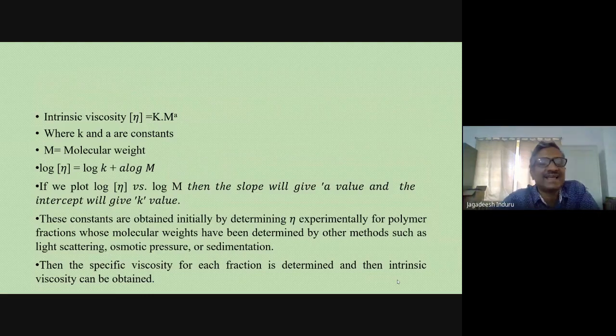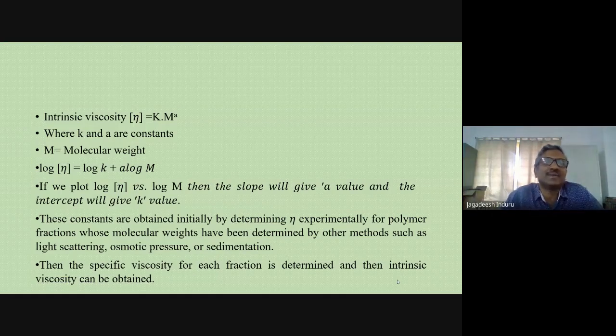K and A in this particular case are unknown constants. It means if we know M by other methods and the intrinsic viscosity from the laboratory, as a practical, then you can calculate K and A. Once you know K and A, you can calculate the unknown intrinsic viscosity by putting in the molecular weight, or you can calculate the molecular weight by putting in the known intrinsic viscosity.